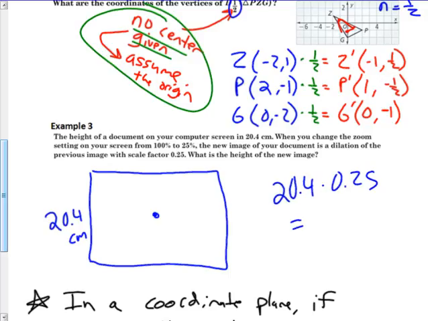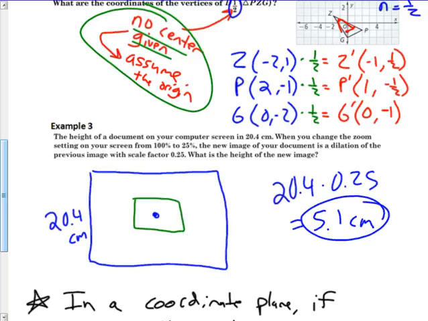So the new height would be 5.1 centimeters. Much smaller. It's going to be still on the screen, but a quarter of the size. And everything else would be shrunk by that same scale factor, so it is truly a dilation.